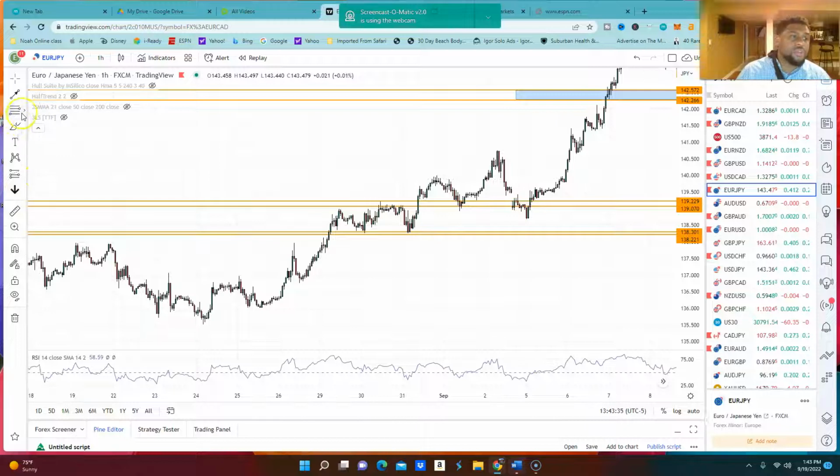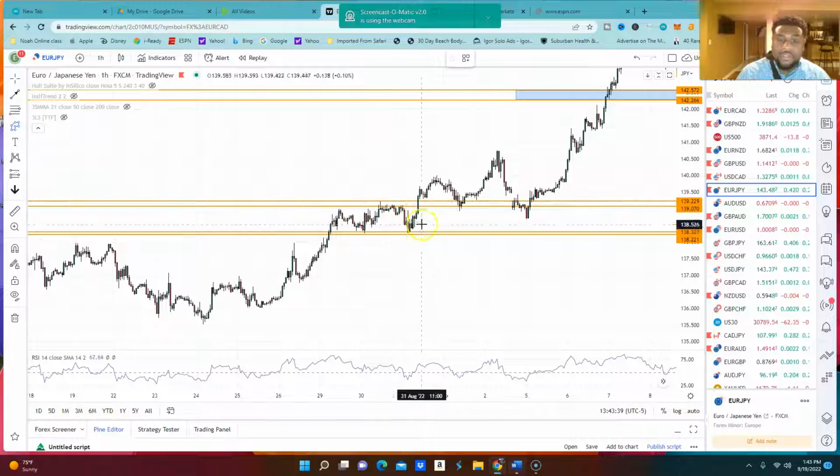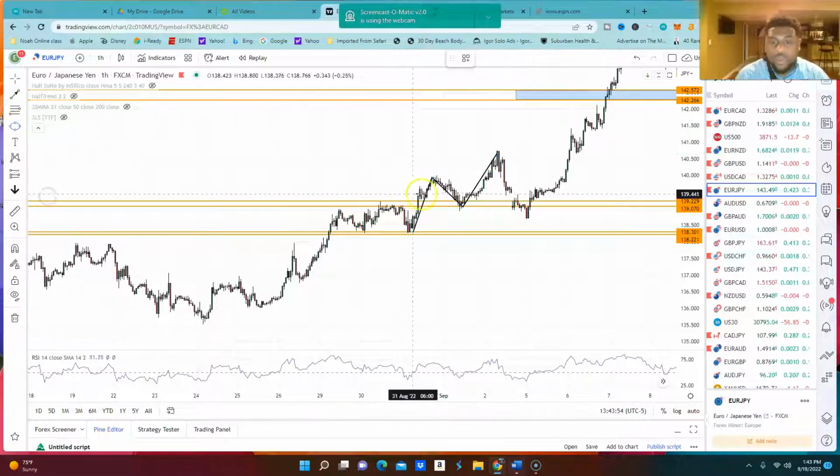Okay. So let me show you what that looks like. What I personally like to trade and what I'm looking for out of this rally-based rally, right? I'm waiting for price to break out, retest, then push up. So for me personally, my entry would have been right in this area here.